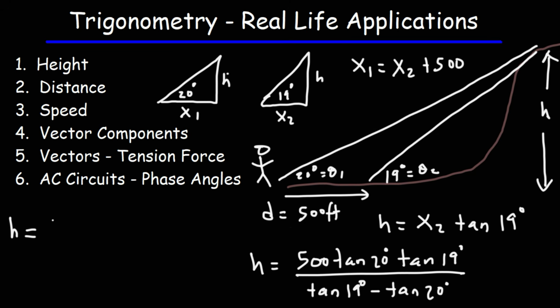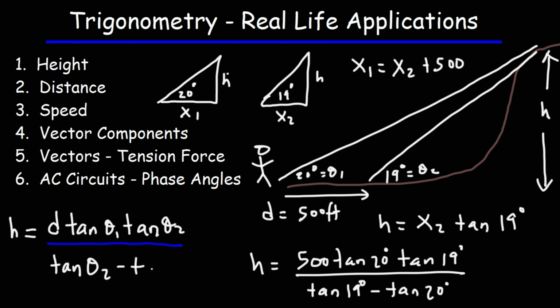So the height of the mountain is going to be the distance between the two angles times tangent theta 1, and then tangent theta 2 divided by tangent theta 2 minus tangent theta 1.